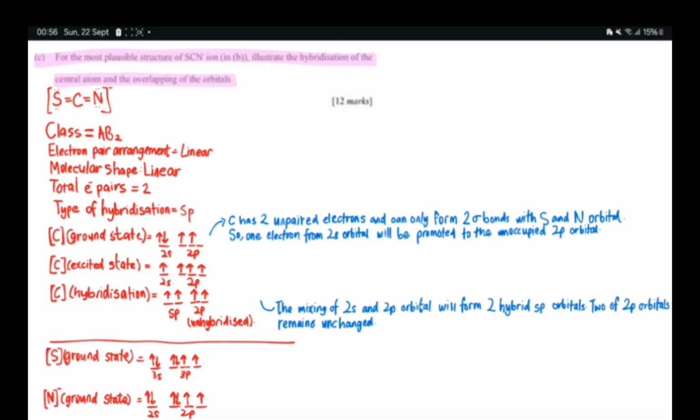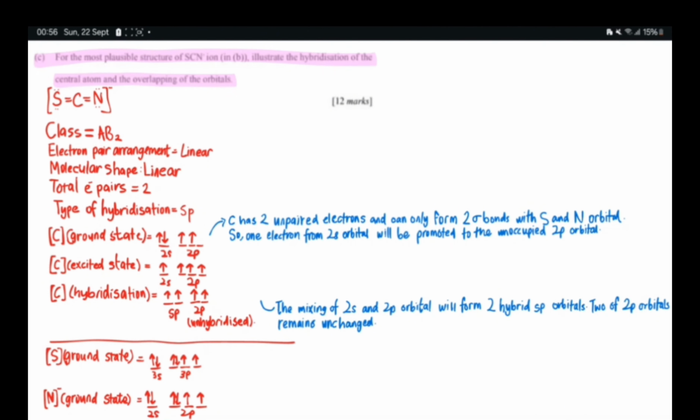So first, in order to start answering questions about hybridization, we need to draw orbital diagrams for each atom. So first, for our central atom, we need to know the orbital diagram at its ground state, excited state, and hybridization. So our central atom is C. So for carbon in ground state, the orbital diagram would be like this: 2s, 2p.